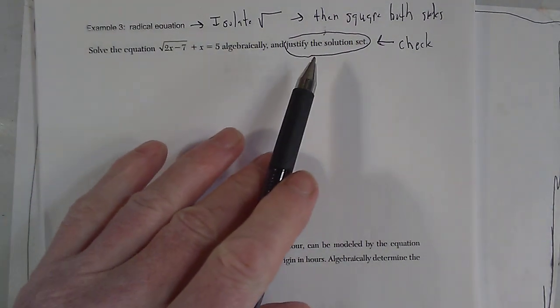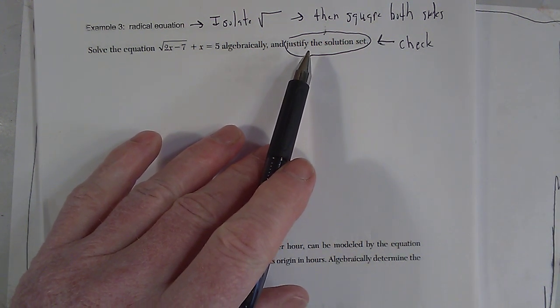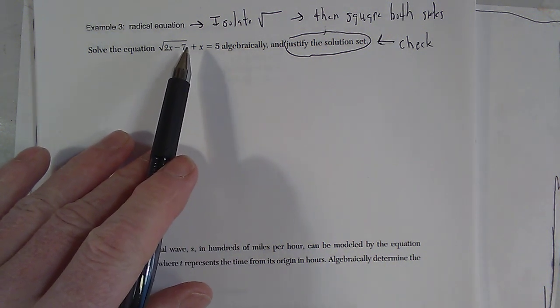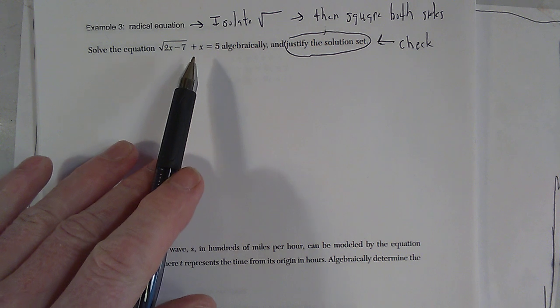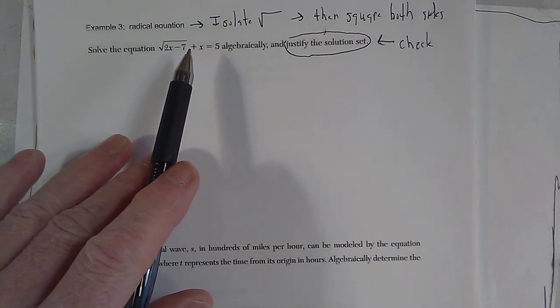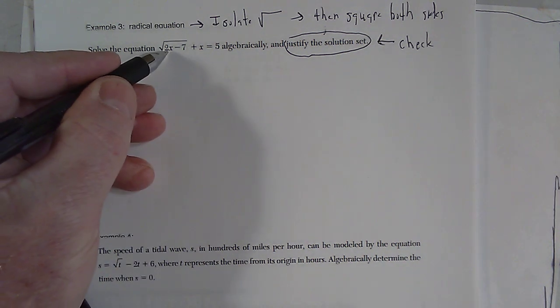Once you get your answers, you have to check and make sure that they work in the original, because when you do this process, you might create extraneous roots, ones that work in your quadratic but don't work in the original.